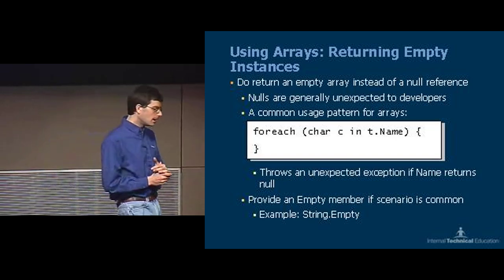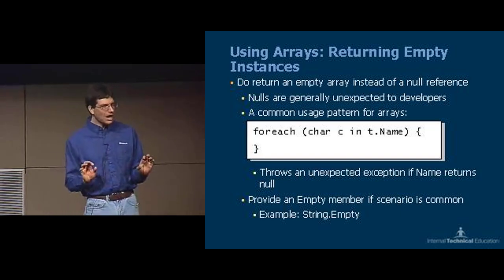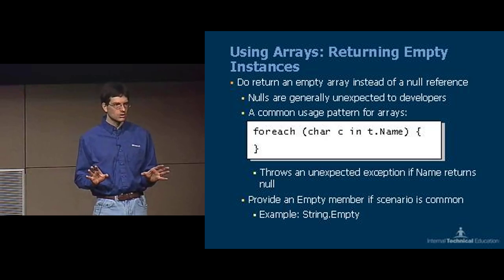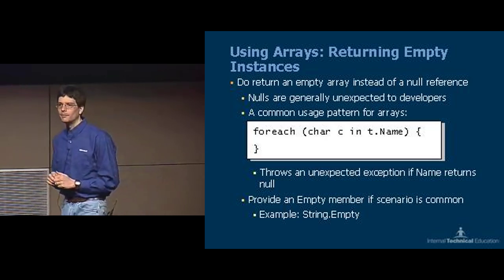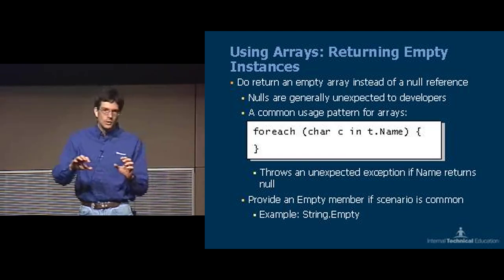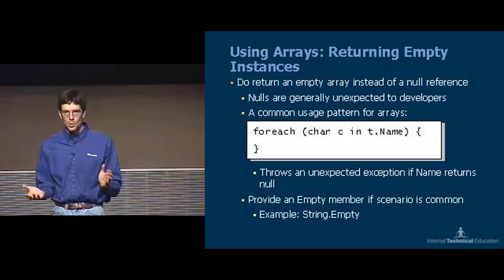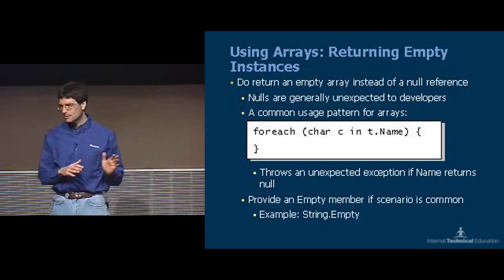The perf argument goes, well, I can tell that there's going to be no items in this array, so I'd have to construct a whole new instance. I'd have to say new foo array with no elements and return it, and that would just be a waste to do that allocation. So that's the perf argument.